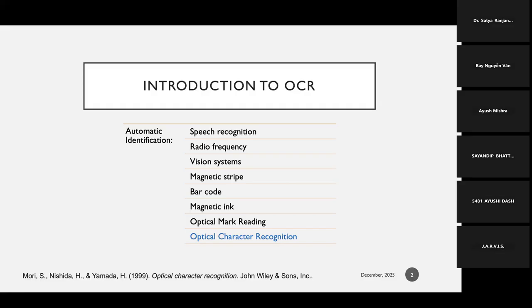Next is the barcode for identification. The barcode consists of several dark and light lines representing a binary code for an 11-digit number, 10 of which identify the particular product. We can see that in supermarkets and many other places.